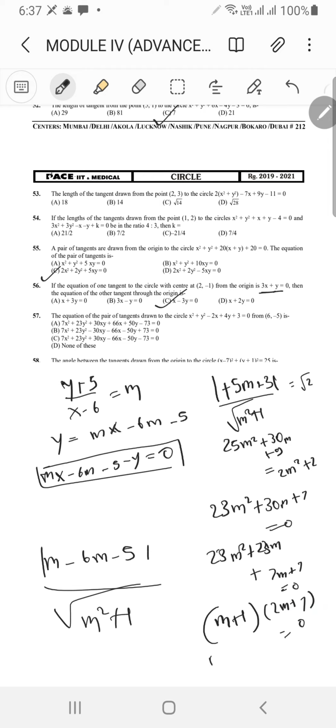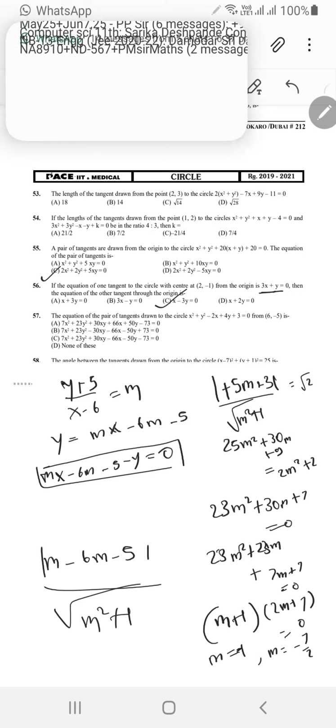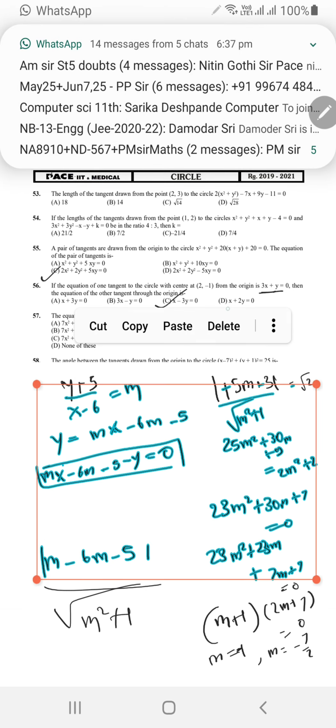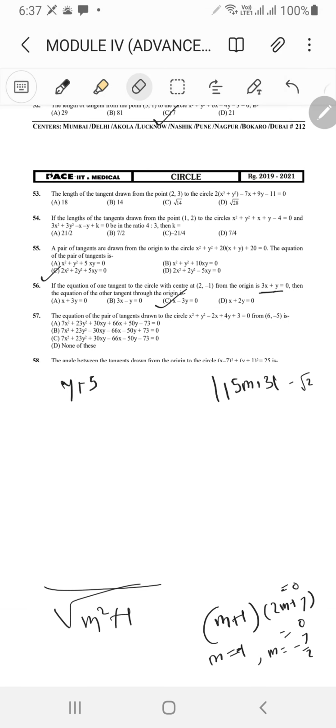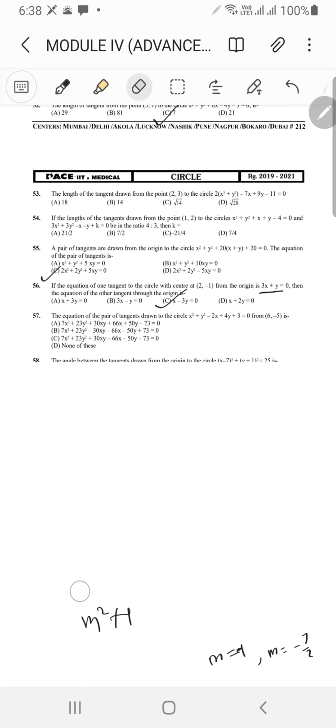So one of them has slope minus 1, and another one has slope minus 7 by 2. These are the tangents, and both of them are passing through (6, -5). Okay. Delete this. I don't want that. Just remember the slopes. That's all we need.